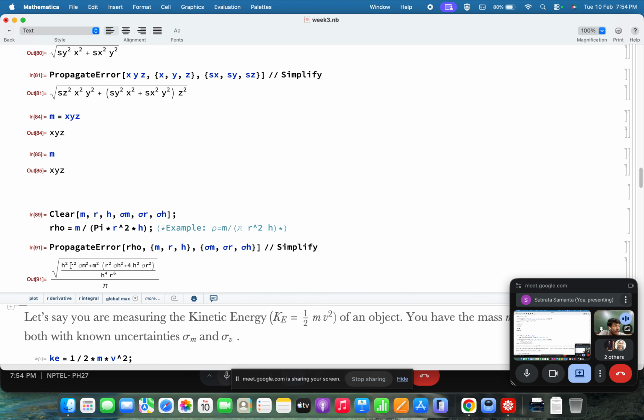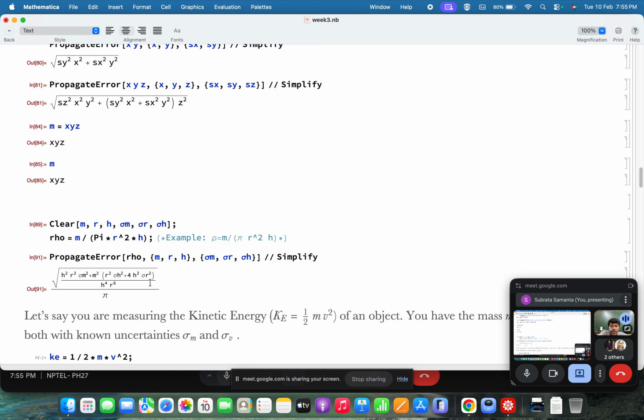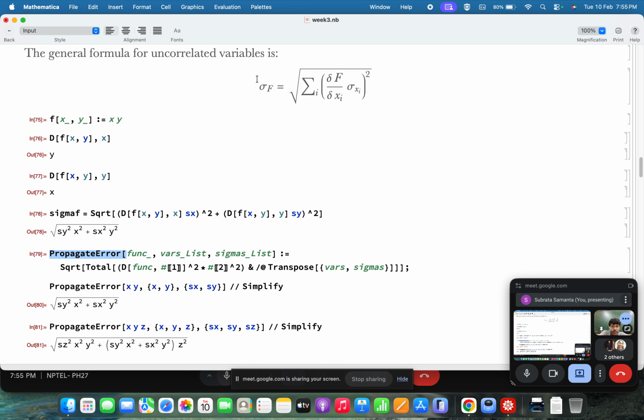Mathematica easily calculates the error using this formula, and all these calculations are symbolic. I defined the propagate error function here, so you have to define the function.